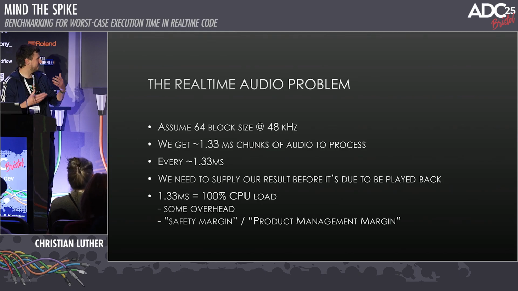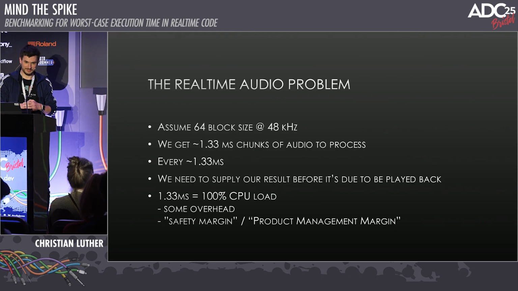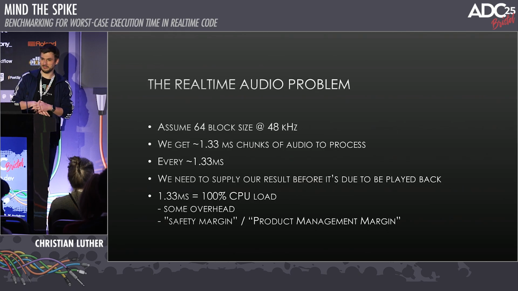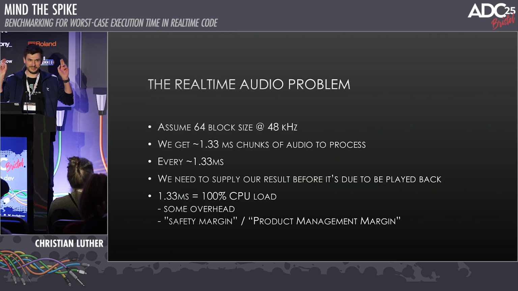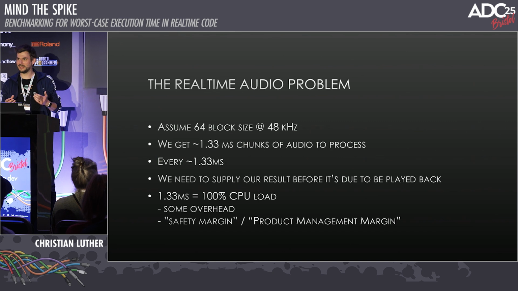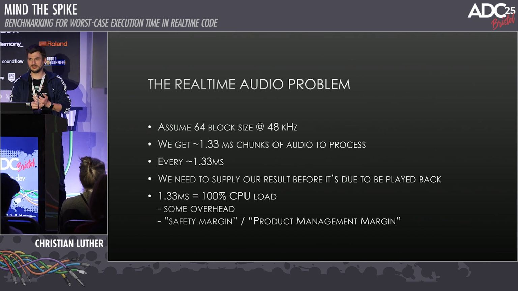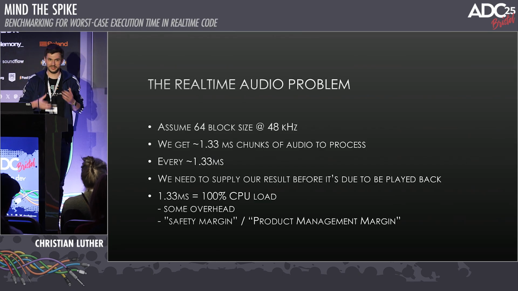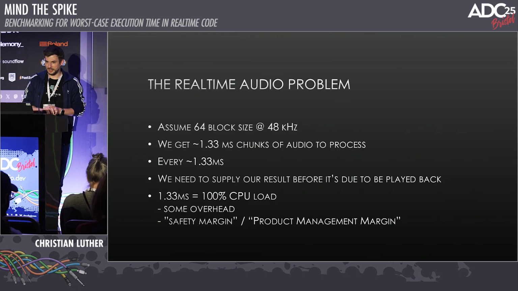We need to take into account some overhead and also some kind of safety margin, and we'll talk about what this safety margin needs to be. That could also be something like what I call a product management margin. You might be a plugin, and you might say, okay, I can't sell this plugin if it takes more than 5% CPU on some kind of reference machine that you have in mind.